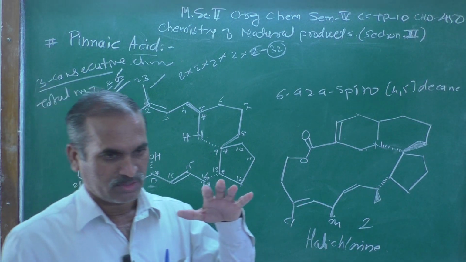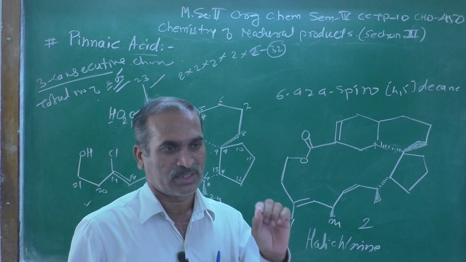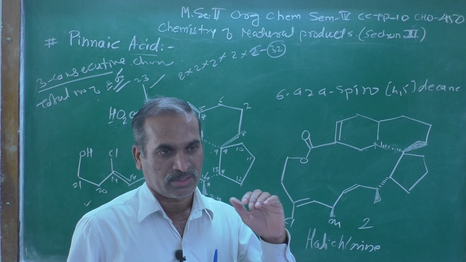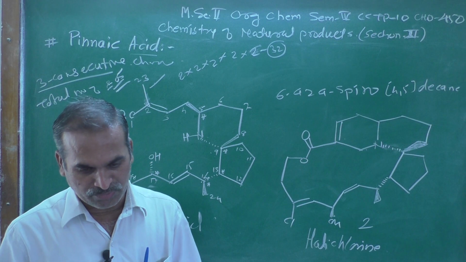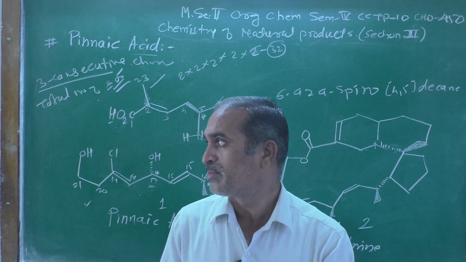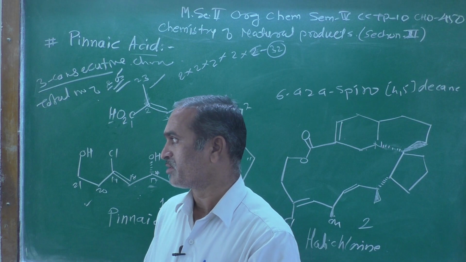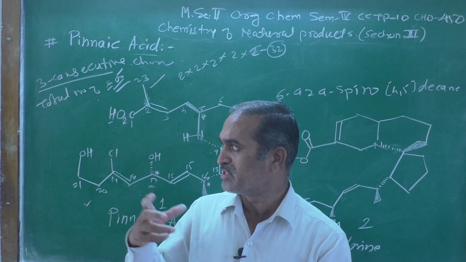Out of them, one may be found as a very good anti-inflammatory drug, and therefore, to study such compounds and these natural compounds, the approach toward the synthesis is enzymatic.